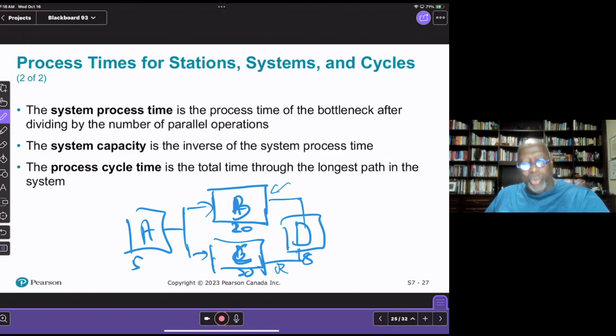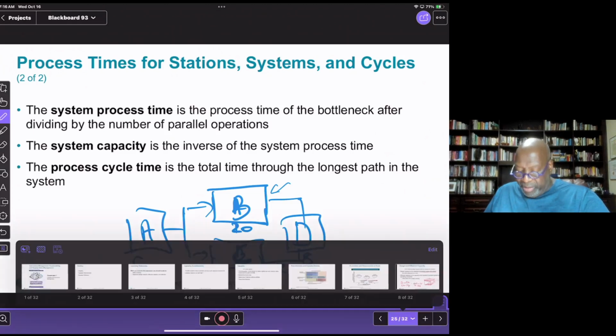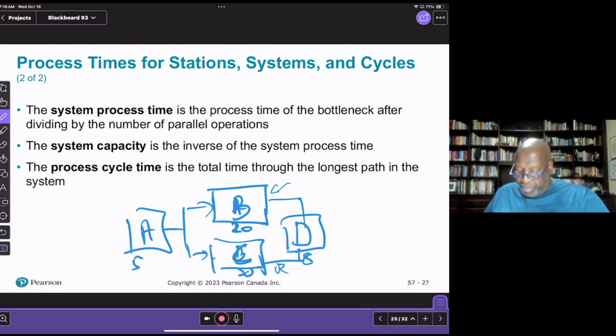But because there are two of them in parallel, technically we're getting 2 units processed every 20 minutes, which is equivalent to 1 unit processed every 10 minutes. So the system process time is the process time of the bottleneck after dividing by the number of parallel workstations.